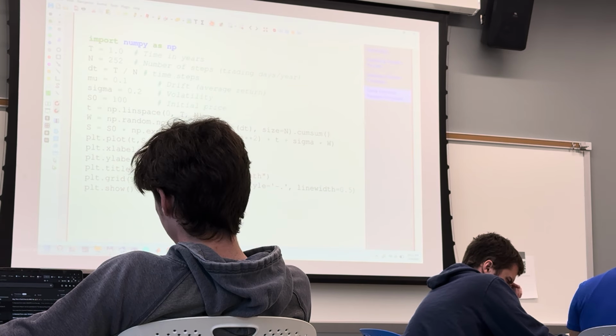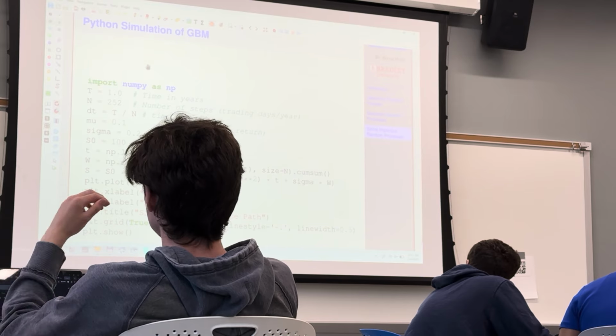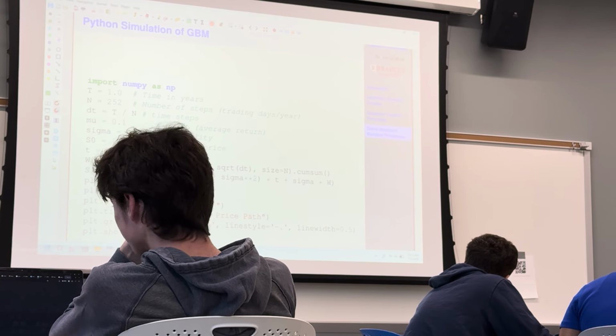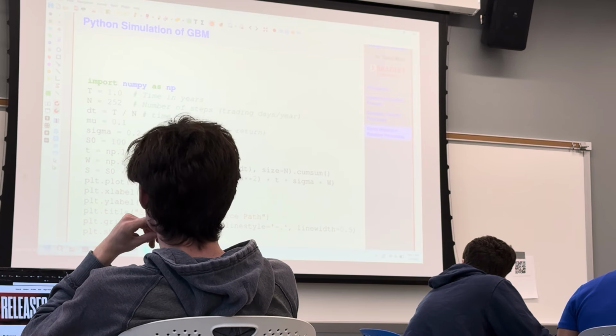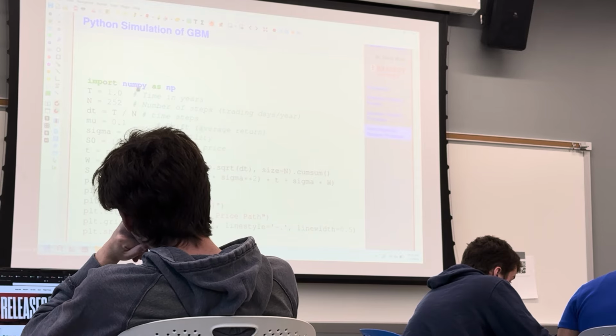Here in my slide, one extra thing I have is geometric Brownian motion. You can use it for your computer assignment, as well as in case you have some Python.